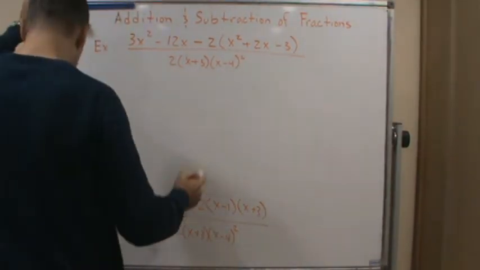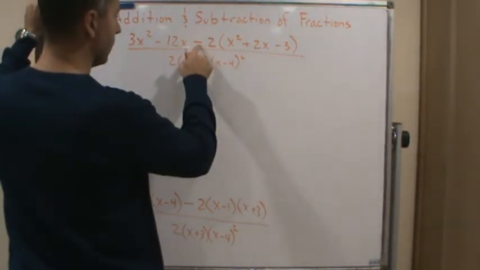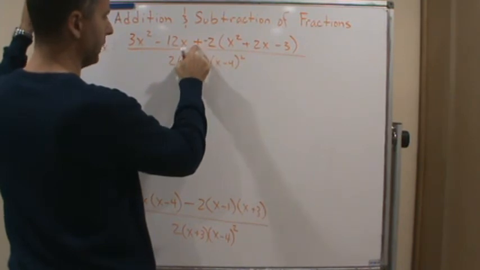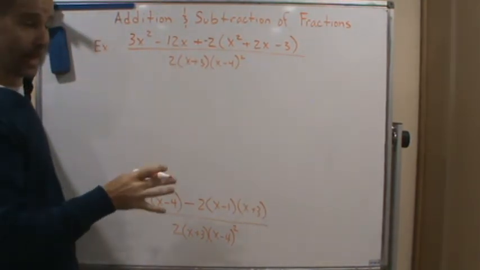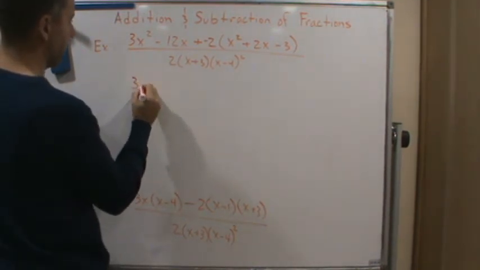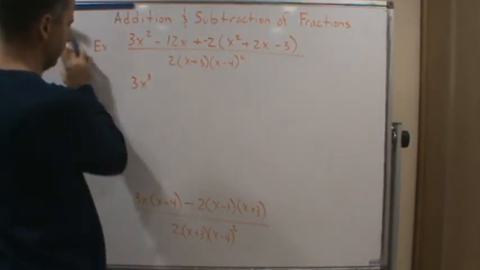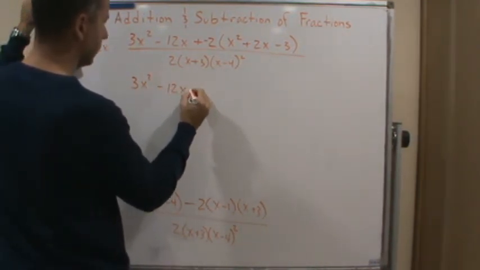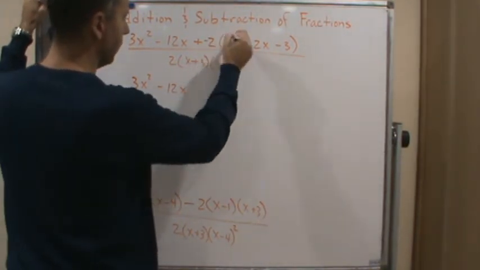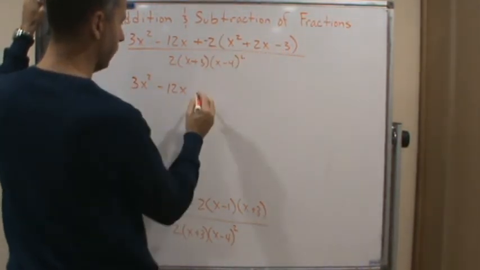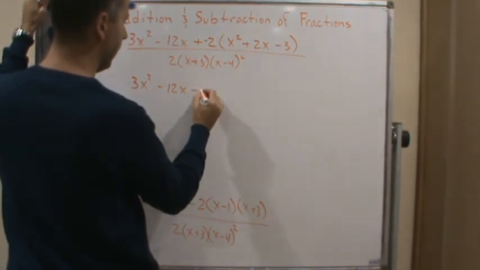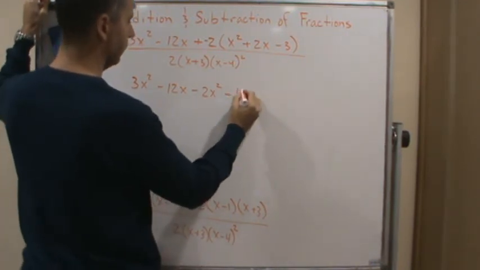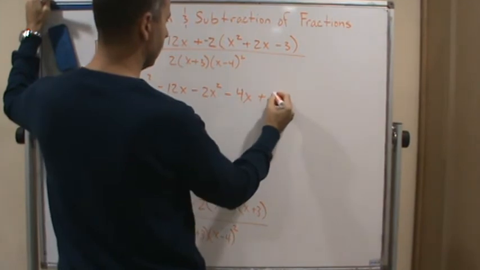Let's continue. This is going to be a plus negative, because I'm going to distribute the 2, but there's a subtraction here. So I'm going to make it into a plus negative so that I don't make any sign mistakes. So now I'm going to simplify this to 3x squared, not cubed, minus 12x. Now, I'm going to distribute the negative 2 across the 3 terms here. So this is going to be minus 2x squared minus 4x plus 6.